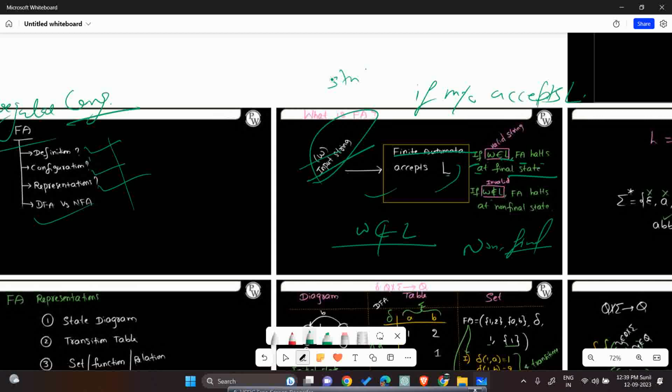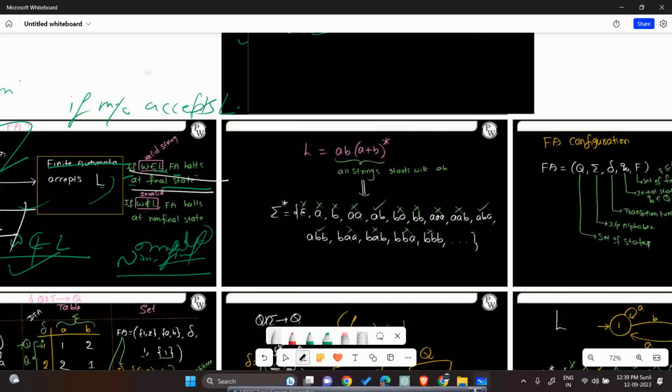So when it halts at a non-final state, it means it is an invalid string and it does not belong to L, right? And if it halts at a final state, that means W belongs to L and it is accepted, right?